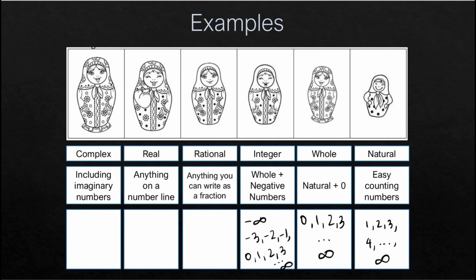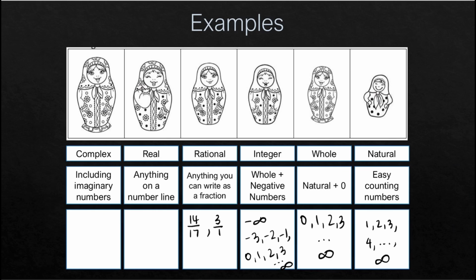So it's just, as you can see, we're just building it up. As we go through each nesting doll, we're adding on a little bit more every time. Rational numbers, again, anything you can write as a fraction. So like 14 over 17 is a fraction, but so is 3 over 1. These are both examples of rational numbers. They're just anything you can write as a fraction.